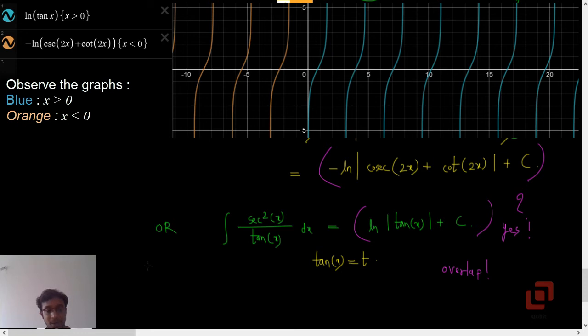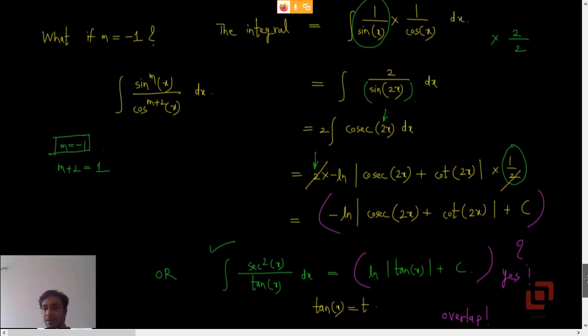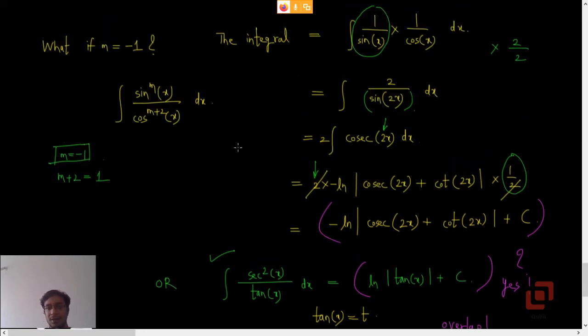If you opt for this simple method and get the answer as log of mod of tan x plus c, and if you do not see this in the options, you will think that either the question is wrong or your answer is wrong. But both situations are not right. It's just that the integral has been evaluated in a slightly different format.